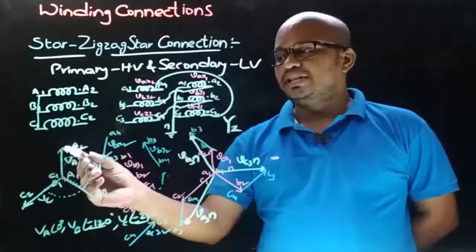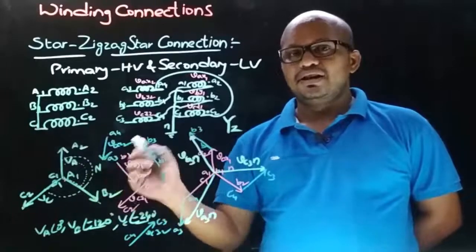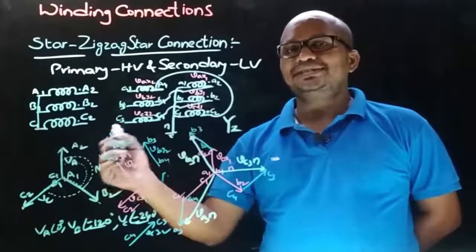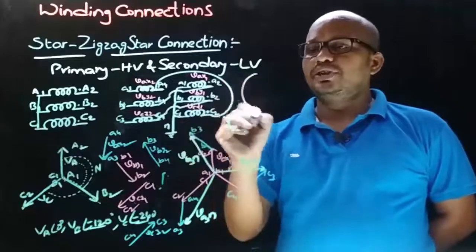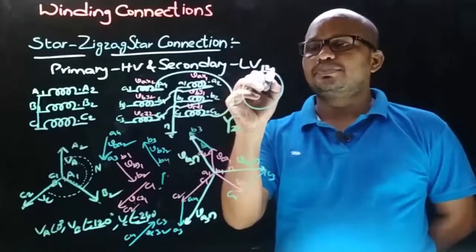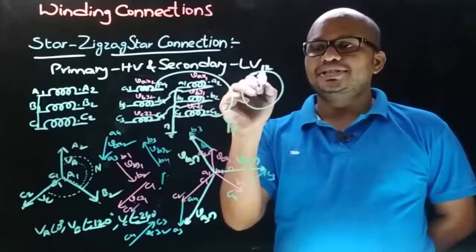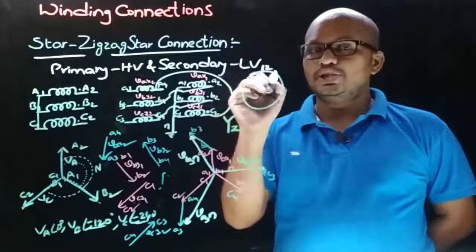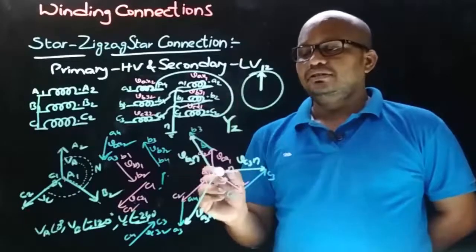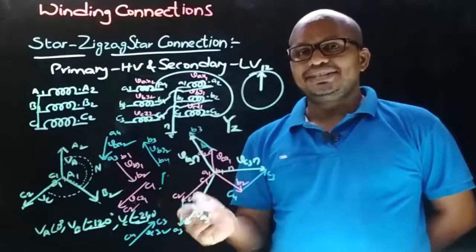In vector groups, the HV side phase neutral voltage is always taken as reference and is indicated with minute needle in clock. Therefore, if you consider this as clock, as HV side phase neutral voltage is represented with minute needle and is taken as reference, so minute needle in clock will always be shown pointing towards 12, and the LV side phase neutral voltage is represented with hour needle in clock.